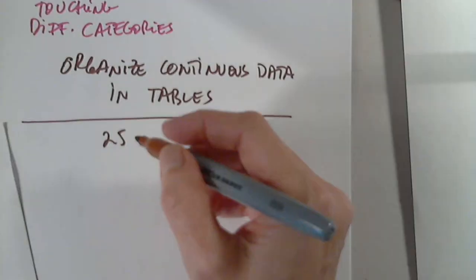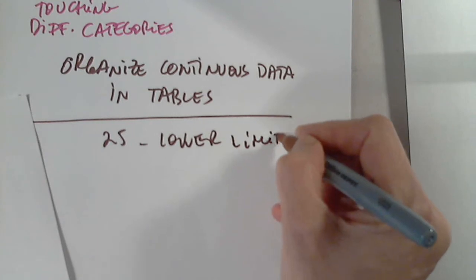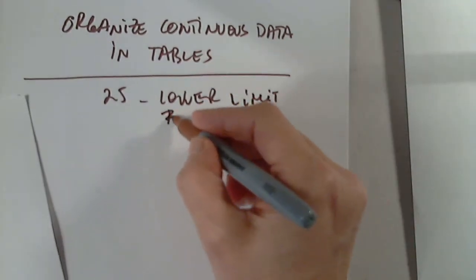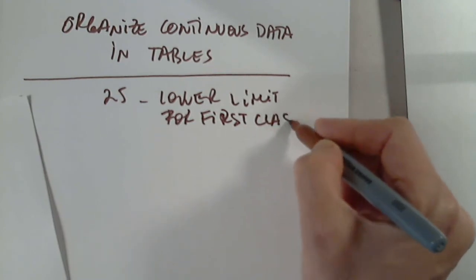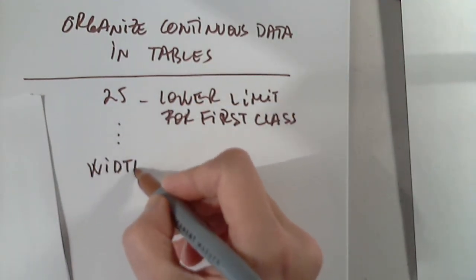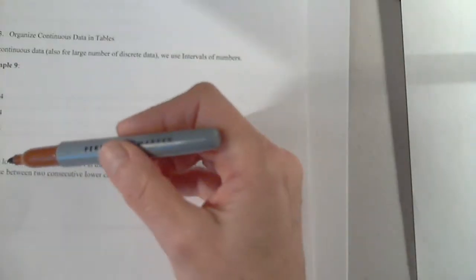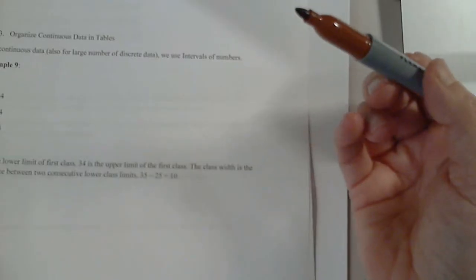So what is the class width? The width of each class is the difference between two consecutive lower class limits or upper class limits, right?